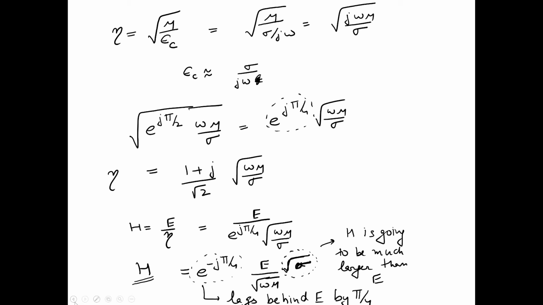When my right hand, which was E, is at its maximum, my left hand is only at the middle point. And as the right hand of E is coming in, my H hand is still going up. So E and H inside the conductor are not going to be in sync with each other.